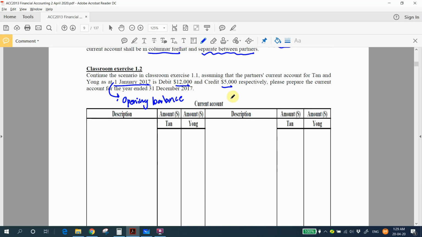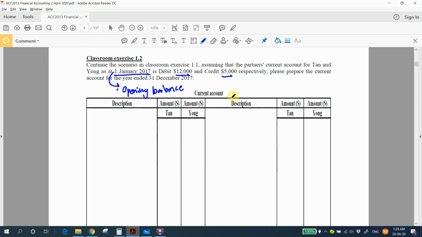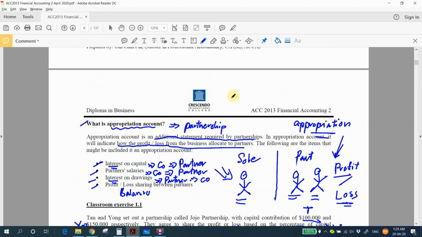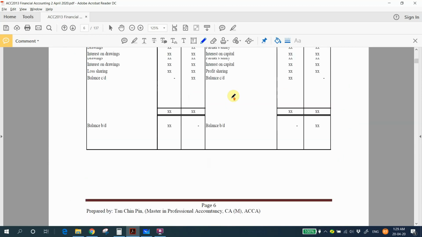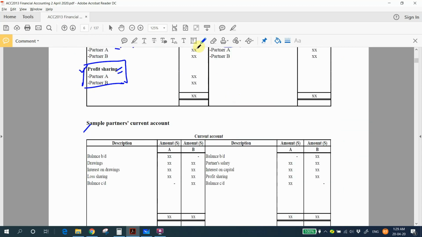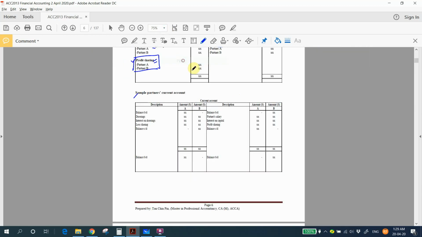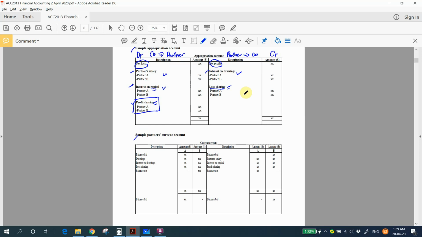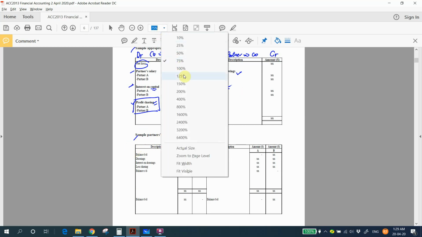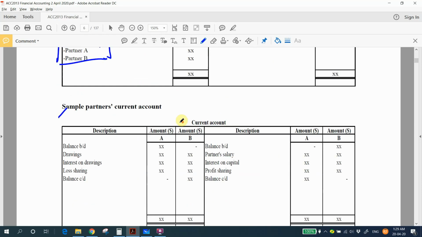So let's have a look at the current account, shown on page 6. This is the sample partners' account. At the beginning of the partners' current account, we record the opening balances.